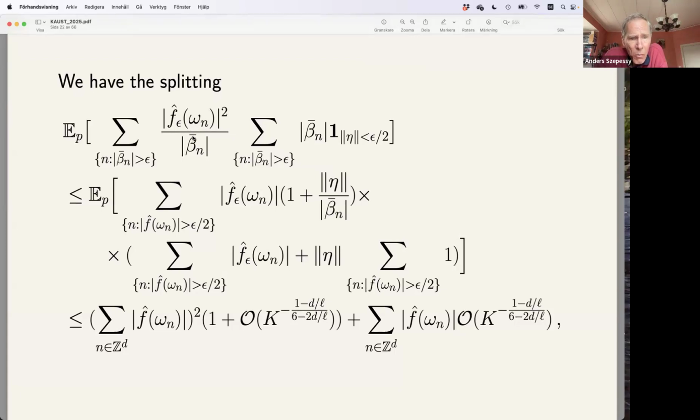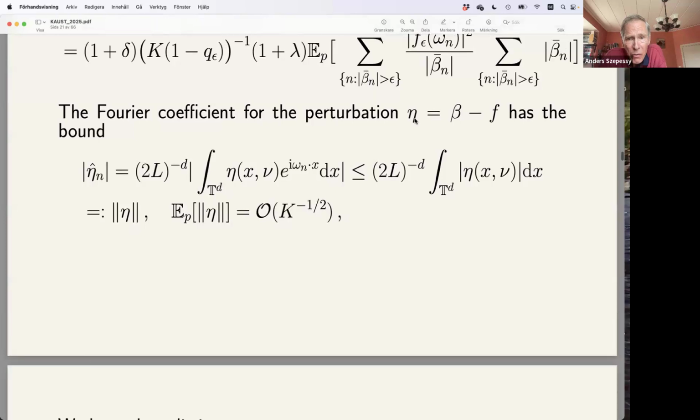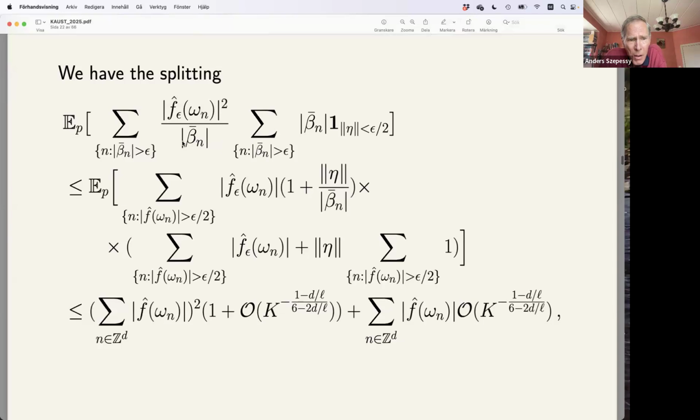Then what we have here is f divided by beta, but beta bar, this is f hat plus the error eta, the error eta of the Fourier coefficient. So when we know that the amplitude is bigger than epsilon, so that is here, but we have this square here.